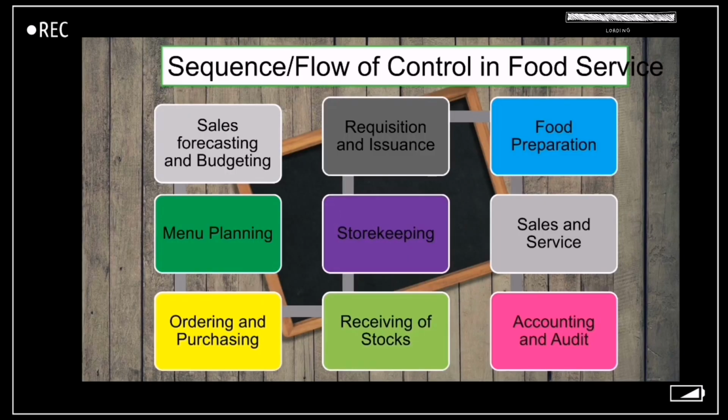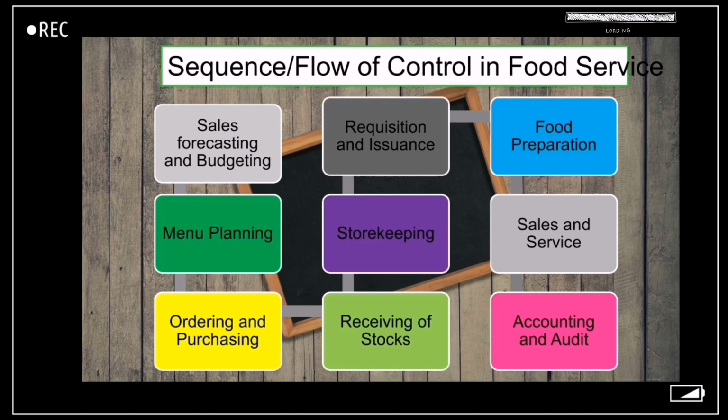So, ito yung sequence flow of control in food service. Everything starts with sales forecasting and budgeting, no? So, dito nga pumapasok yung establishing yung budget natin, no, through the help of sales forecasting.